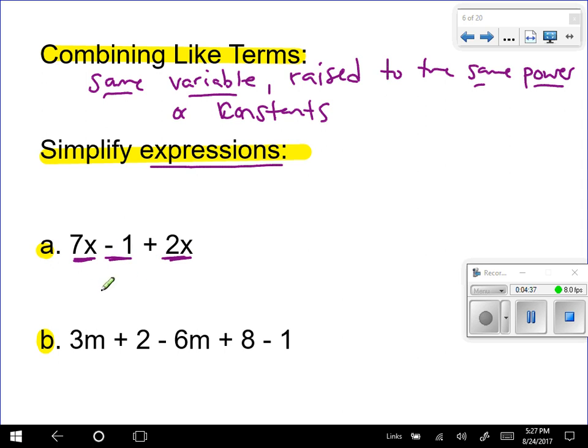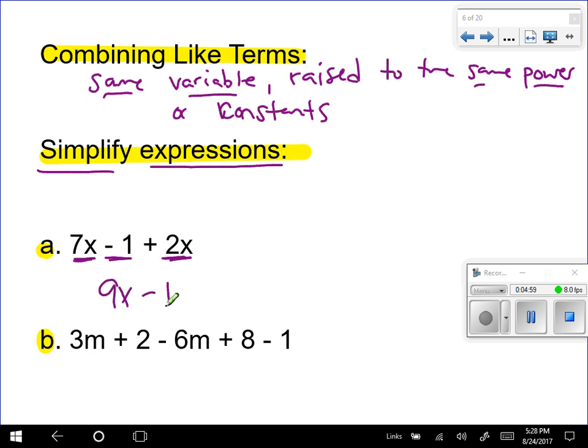So I have to decide what are my like terms if I want to simplify this expression. Well, 7x and 2x have the same variable, raised to the same power of 1. So 7x plus 2x, because the plus is in front of the 2, I would have 9x minus 1.